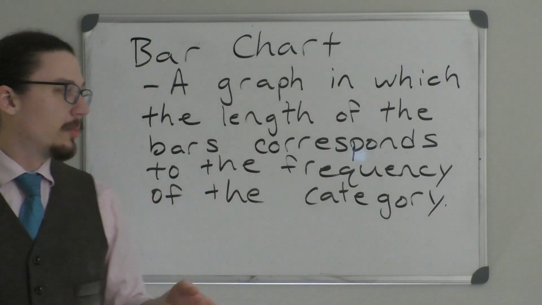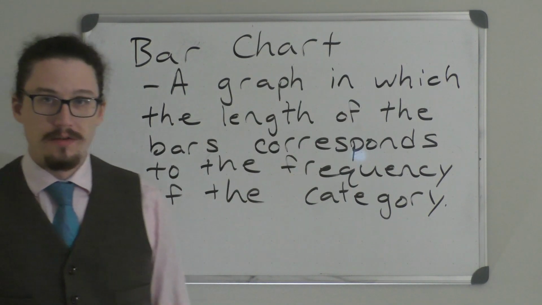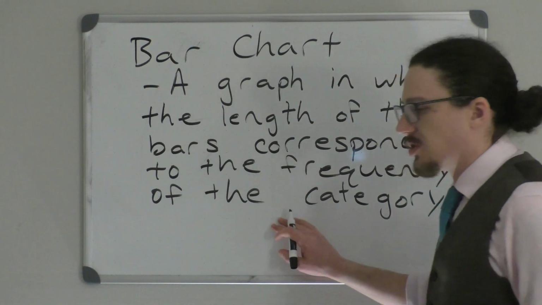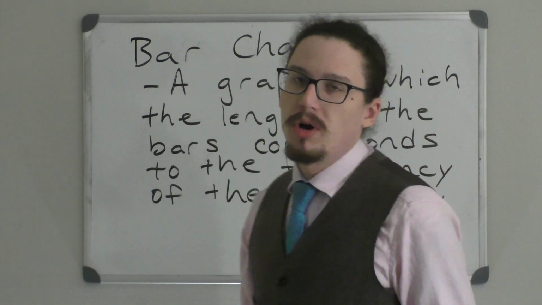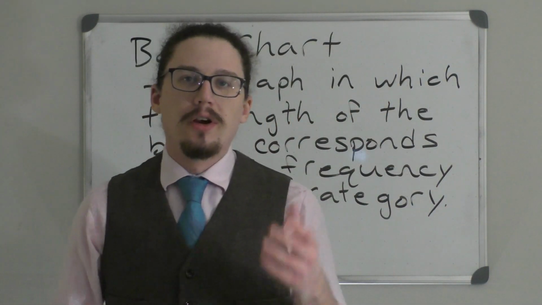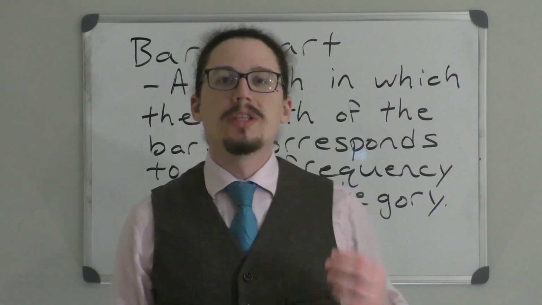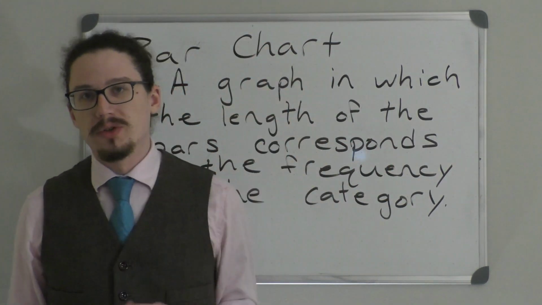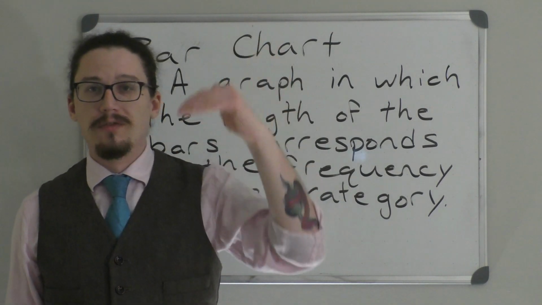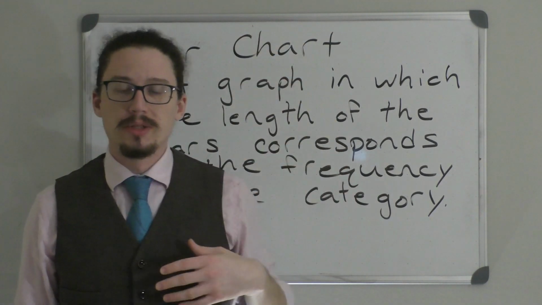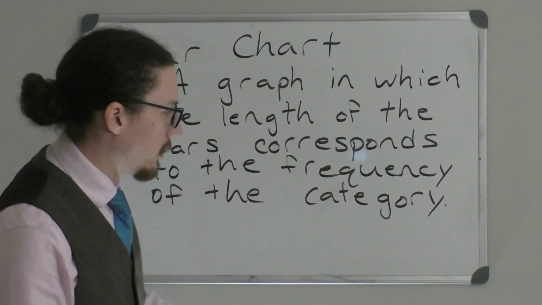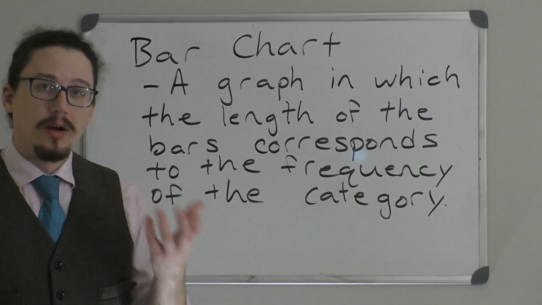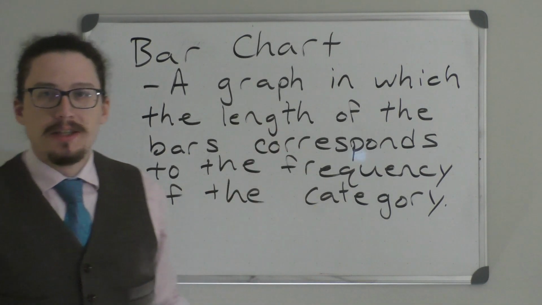It's a graph in which the length of the bars corresponds to the frequency of the category. We can also use the relative frequency for a bar chart if we so choose. And there are some other things. It's not just the frequency, but it illustrates the point, right? If we're using frequency, the height of the bar corresponds with the frequency. If you're using some other scale, that might be different, but the same things still apply.